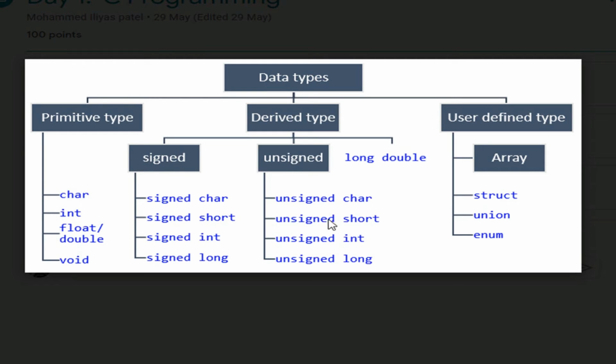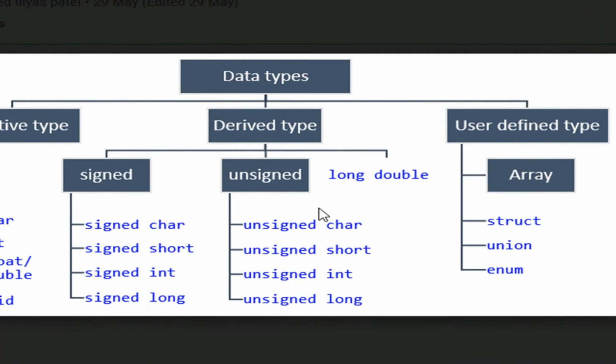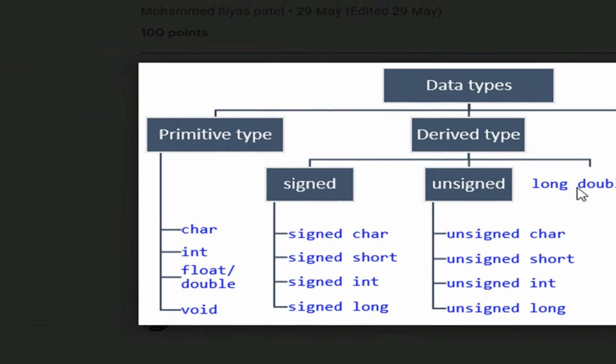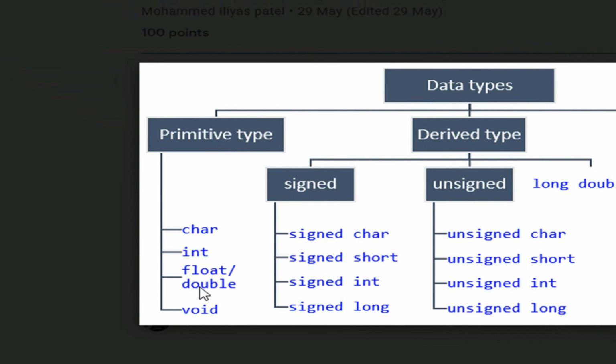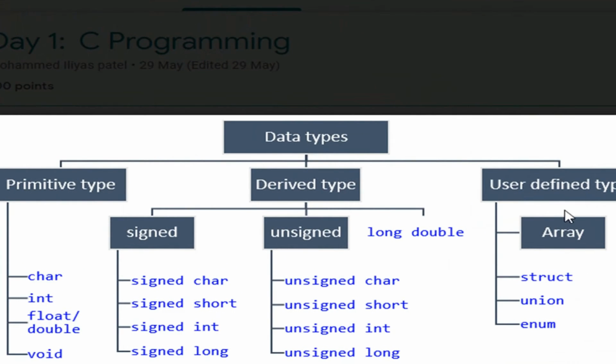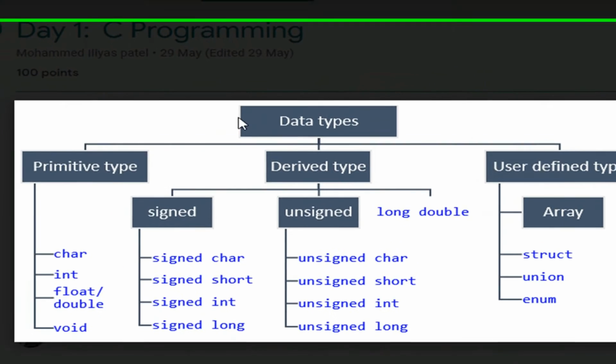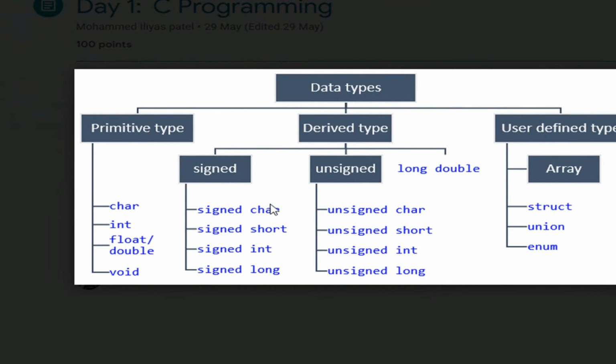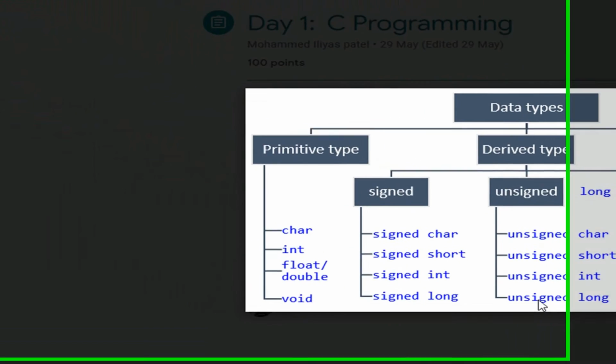Then we have unsigned, which is always a positive number. And then we have something called long double, which is a combination of long and double type. Then the third is user defined type, that is array, struct, union and enum. So these are the different data types available in C.